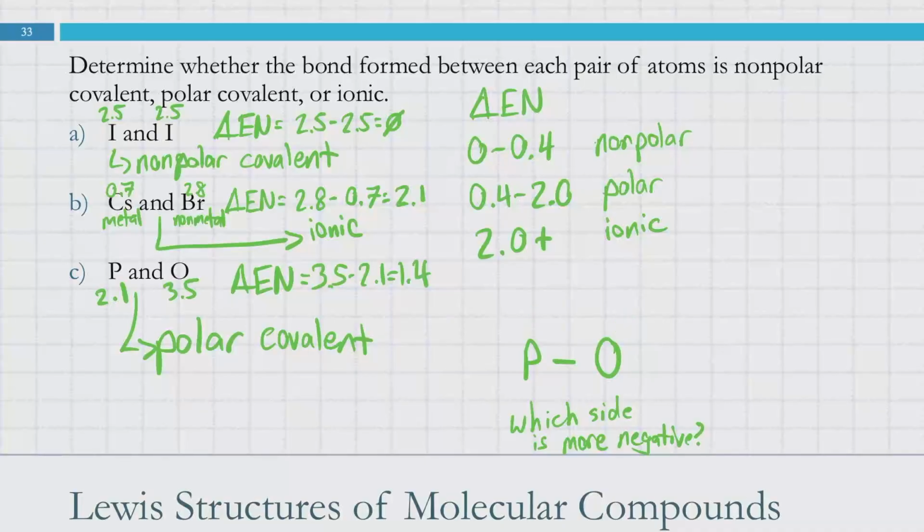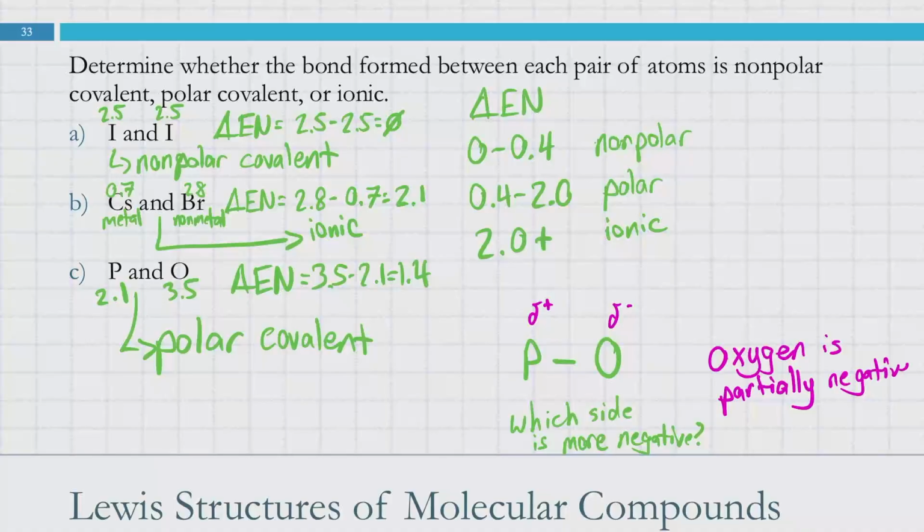And so that's going to be our negative side. So the oxygen is the partially negative side, because it has a higher electronegativity value.